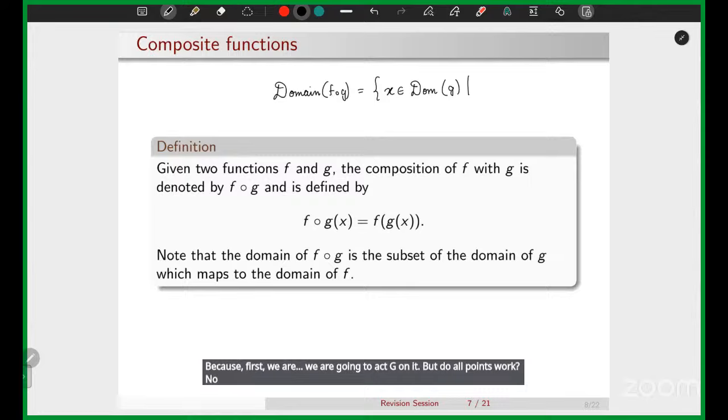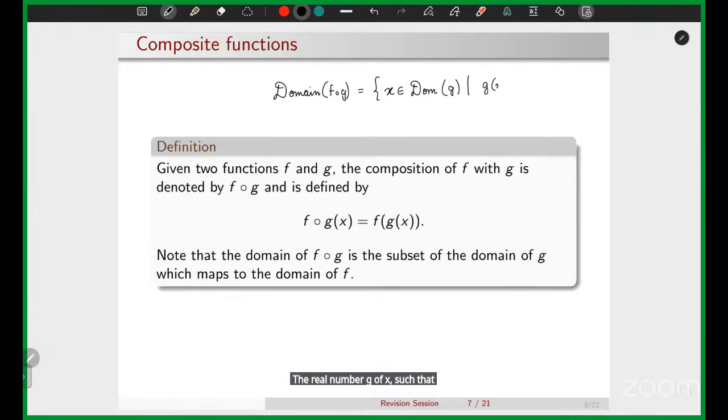No, because I want to apply f on the real number g of x, such that g of x belongs to the range of f. You were also saying something similar, right? Yes, sir. Only the intersection thing I have added. Yeah, this way also we can describe it. So you can write it as domain of g intersection with those points. That's also fine.